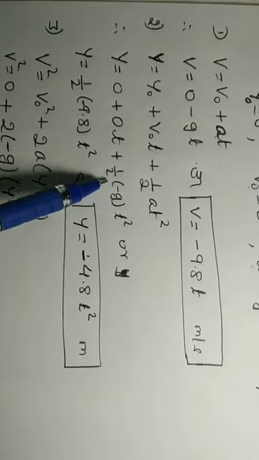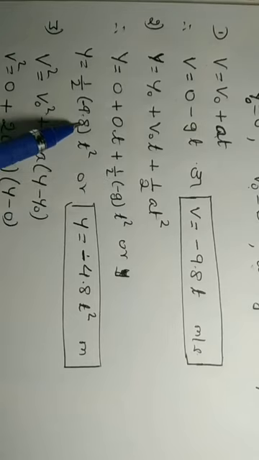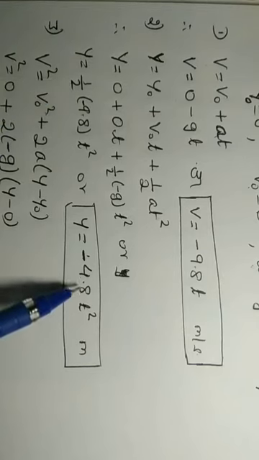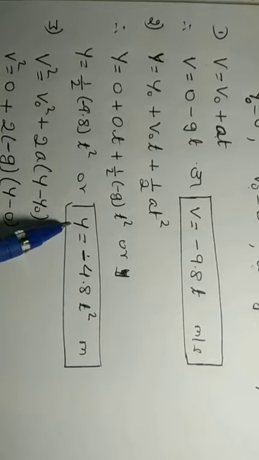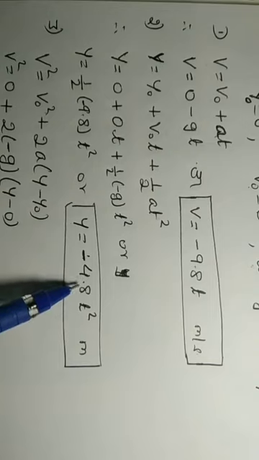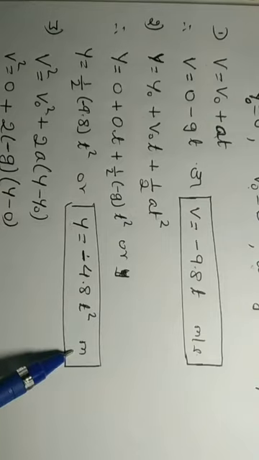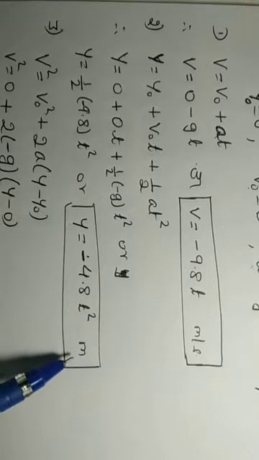The value of g is 9.8, so 9.8 by 2 gives 4.9, therefore y equal to minus 4.9 t square. What is y? That is the distance covered, the final position, in meters.